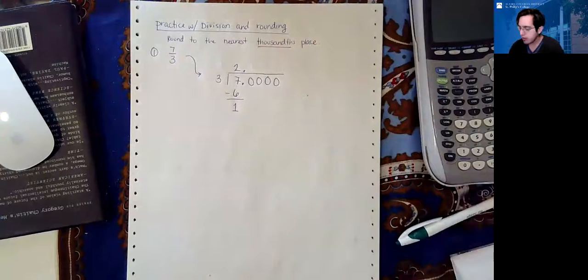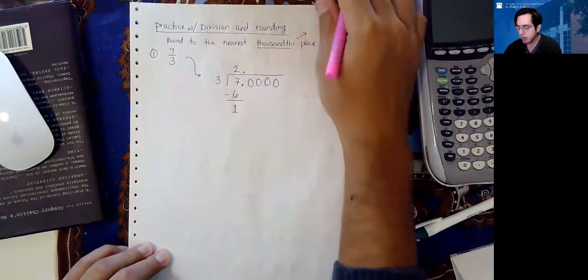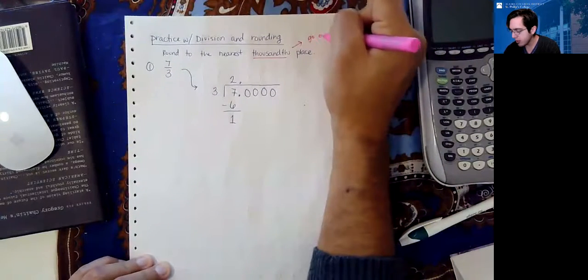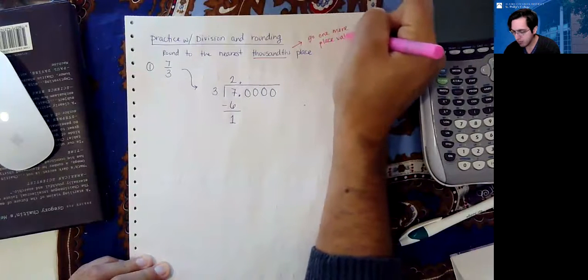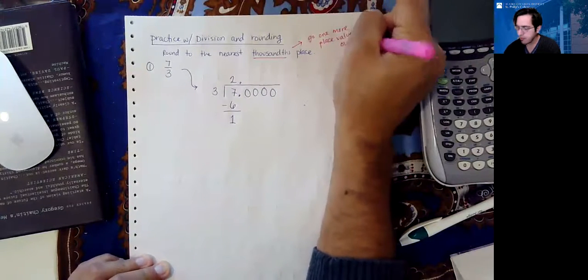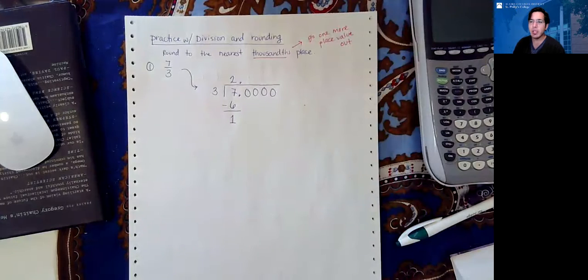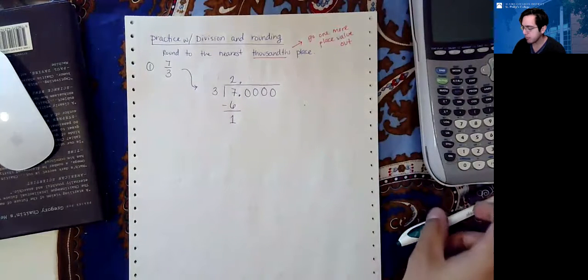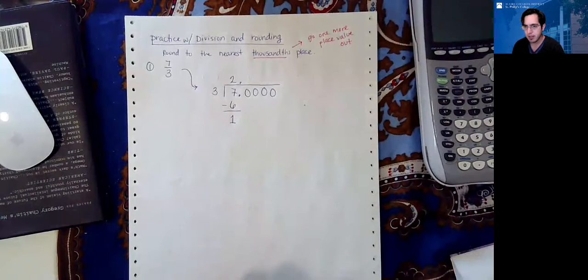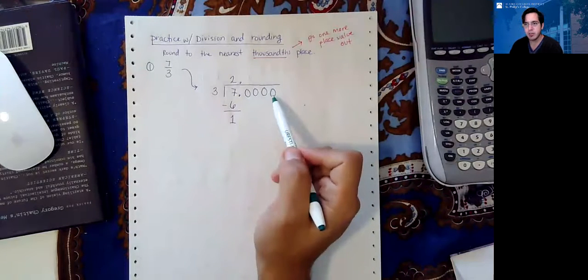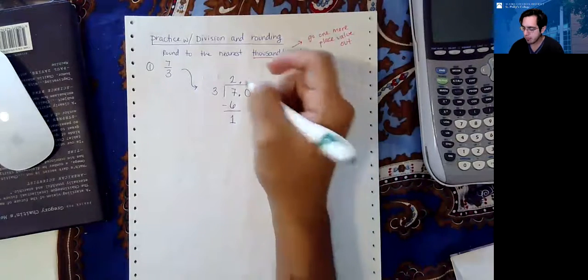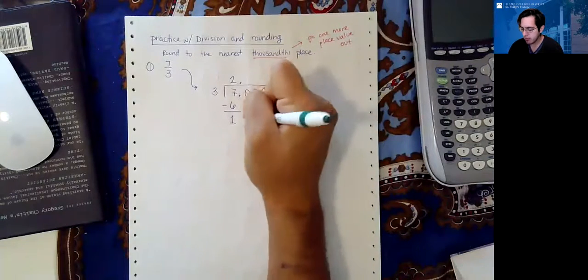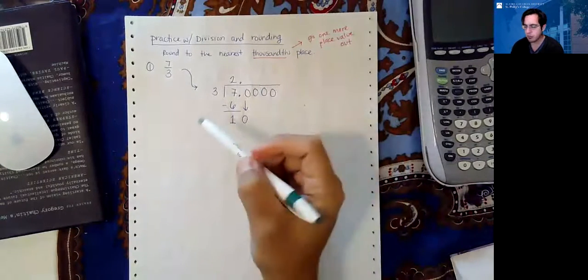We want to go one more place value out beyond what the question asks you, because we sort of need that neighbor. Okay, so I've added 4 zeros here. We're just going to divide until we have used up these 4 zeros. I'll go ahead and drop the 0, and we can start the division process over again.